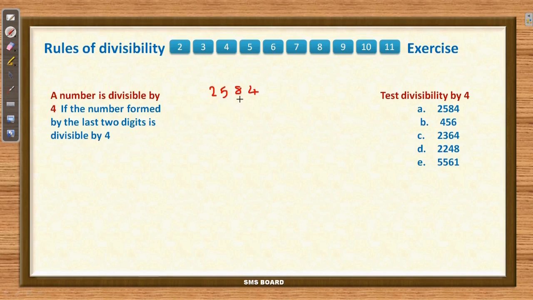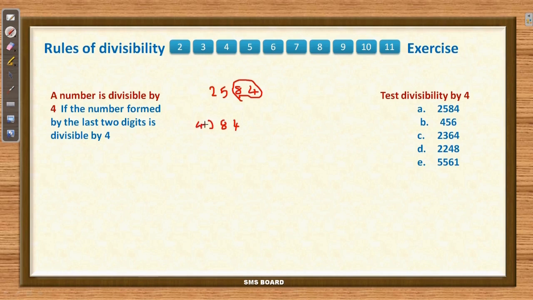What are the last two digits? That is 8 and 4. If 84 is divisible by 4, then the number is divisible. So we will divide 84 by 4, to test the divisibility by 4.